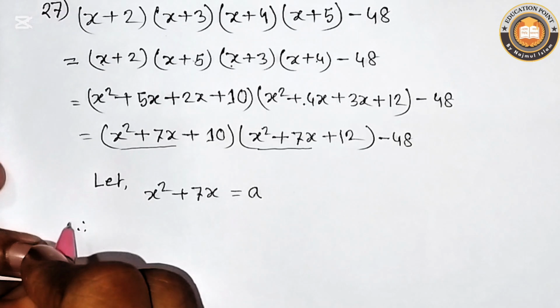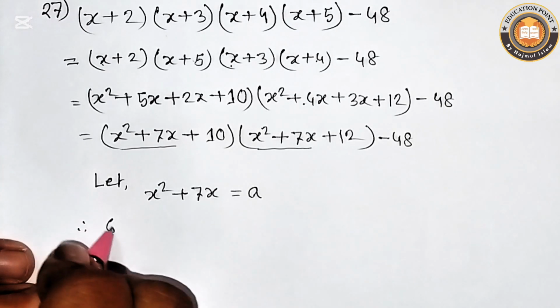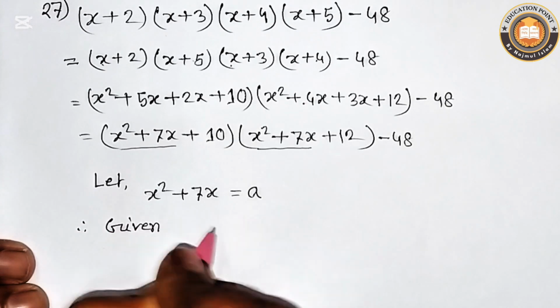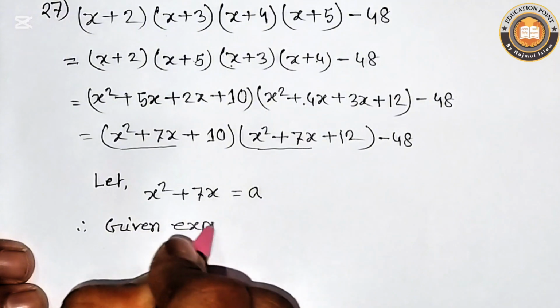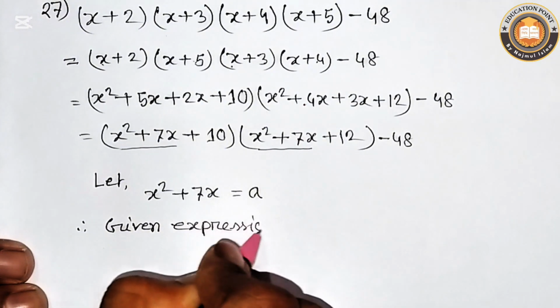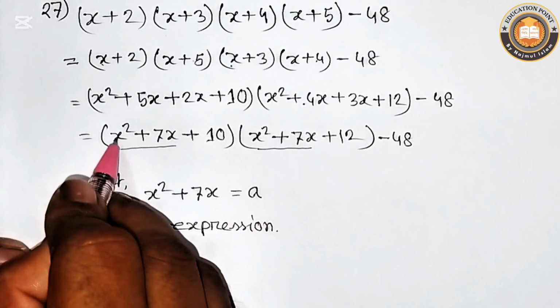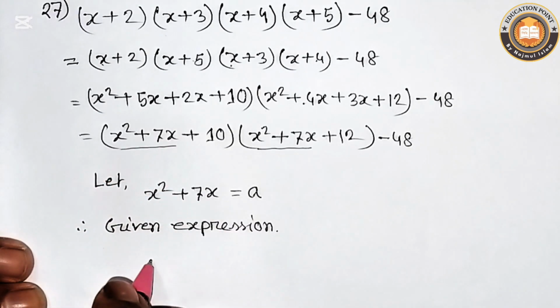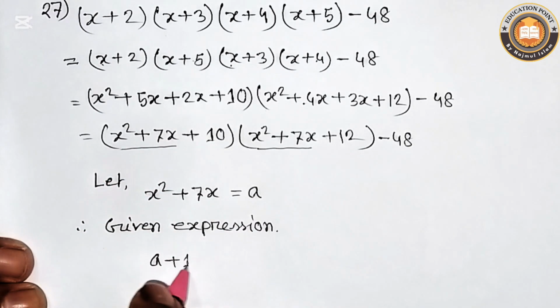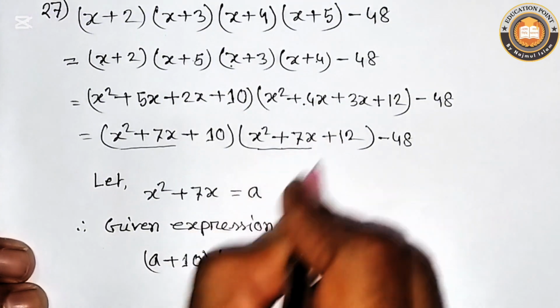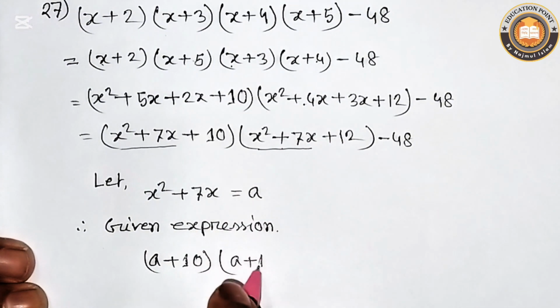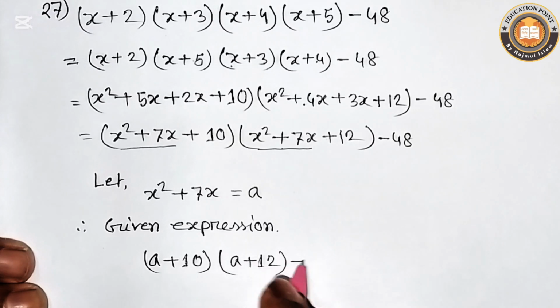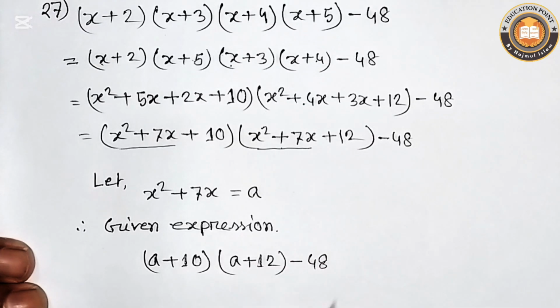So the given expression, x square plus 7x equal a, that means (a plus 10) into (a plus 12), then minus 48.